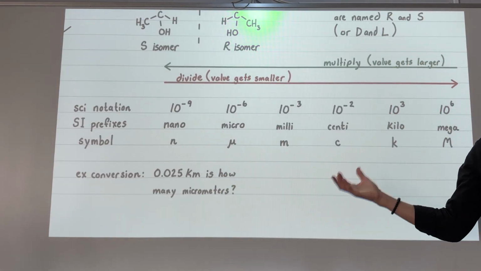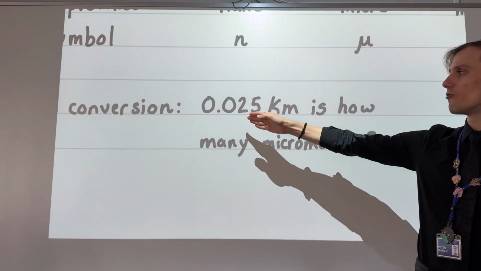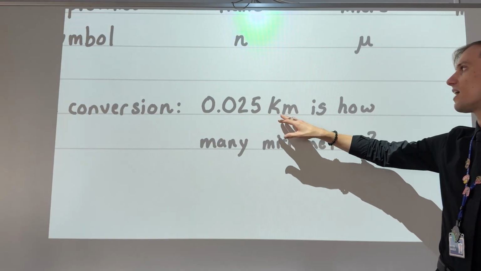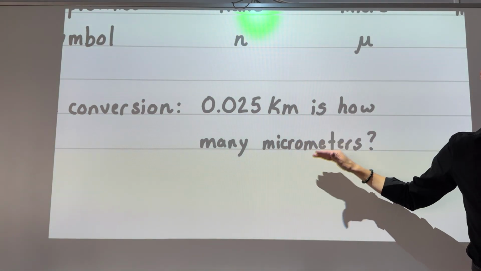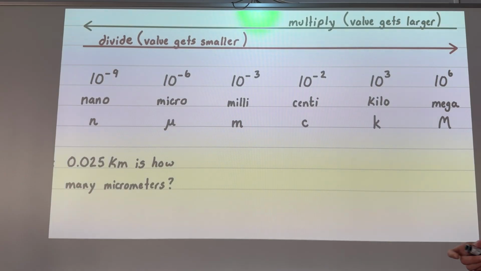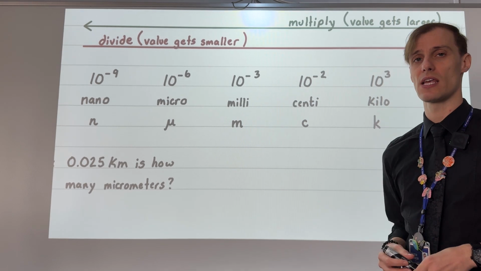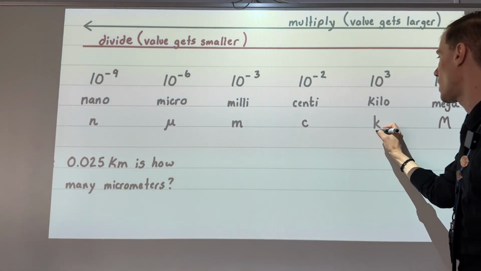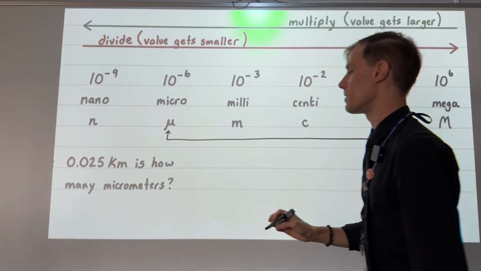So let's practice actually doing a conversion. Convert 0.025 kilometers into micrometers. Let me show you how I would approach this type of problem. I want to convert kilometers to micrometers.